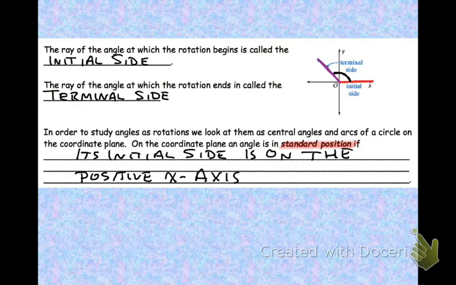So it means that the initial side has to be right here. If it's not, it is not in standard position, and we're not going to be working with things like that so much.